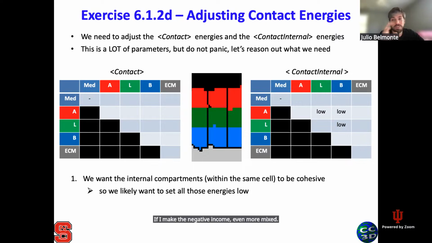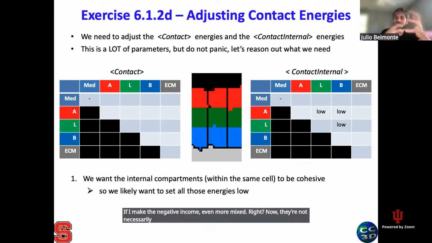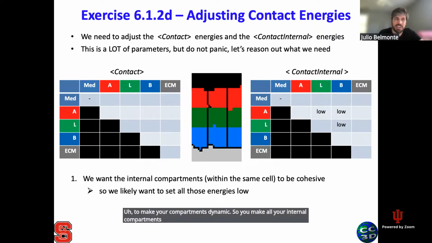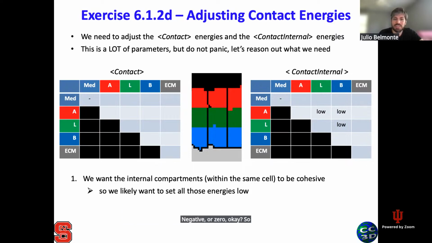They'll not necessarily disappear, but they'll become really mixed with one another. And that's actually something that you may want, a technique that you can use to make your compartments dynamic. You make all your internal compartment energies negative or zero, so they're all mixed.